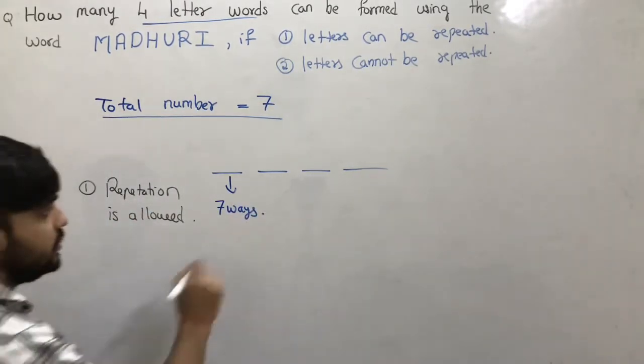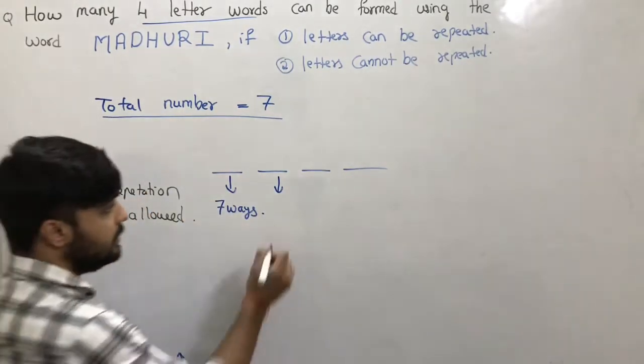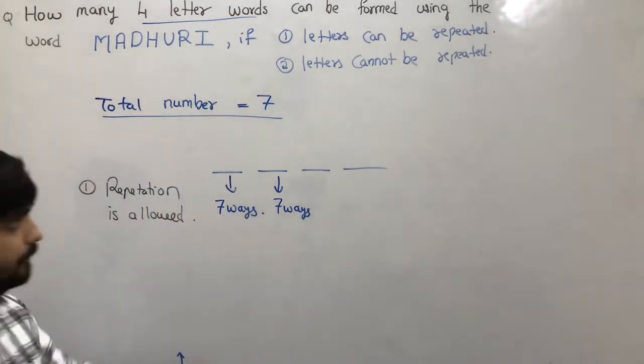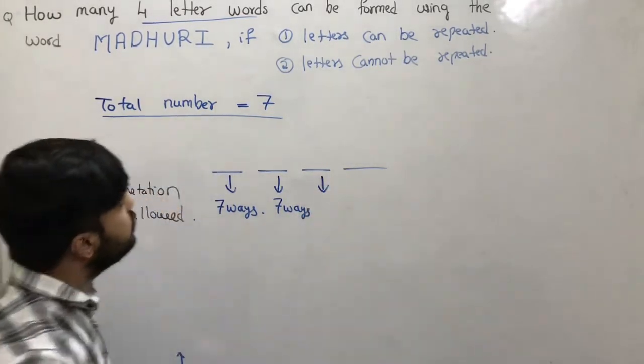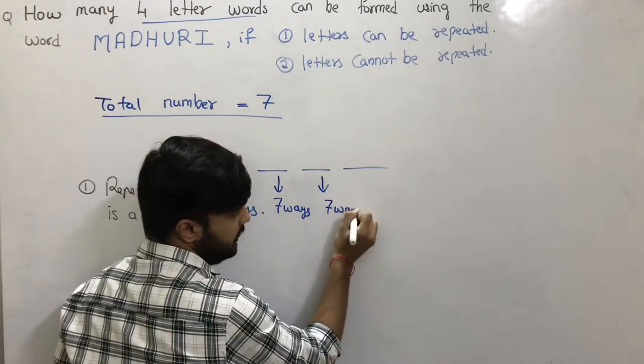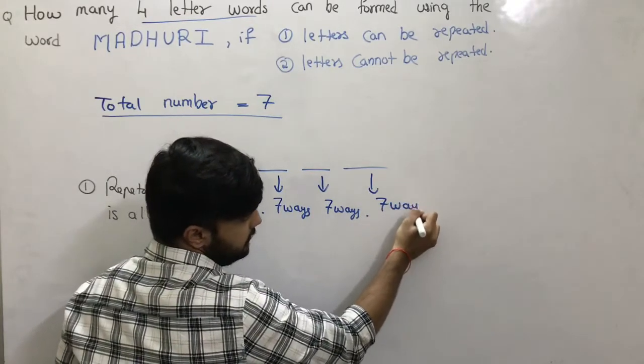Similarly, since repetition is allowed, the second place can also be filled in 7 ways. Similarly, the third letter, you can put any of the 7 letters, again 7 ways. And the fourth also 7 ways.